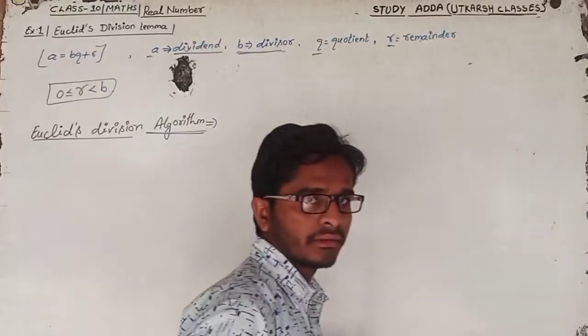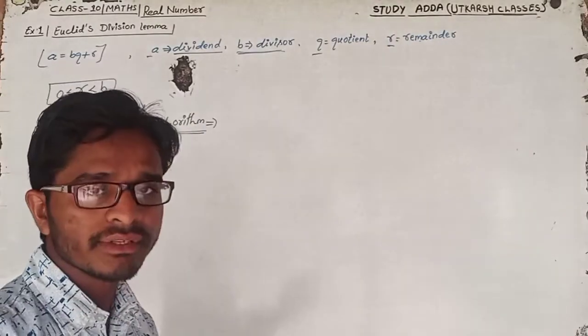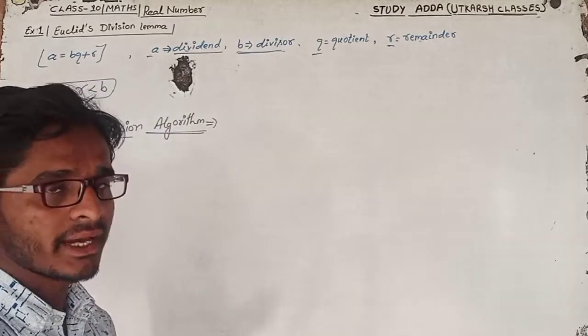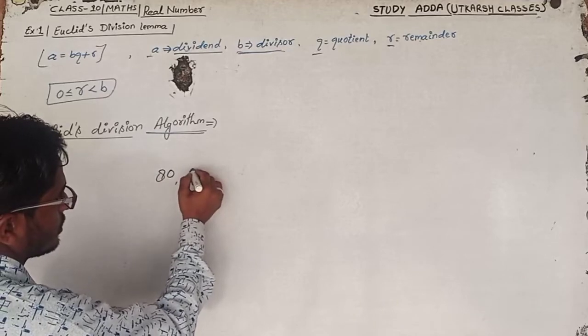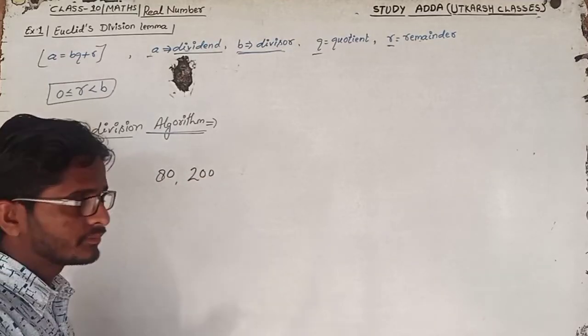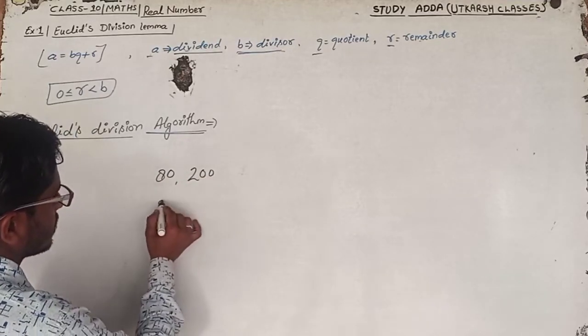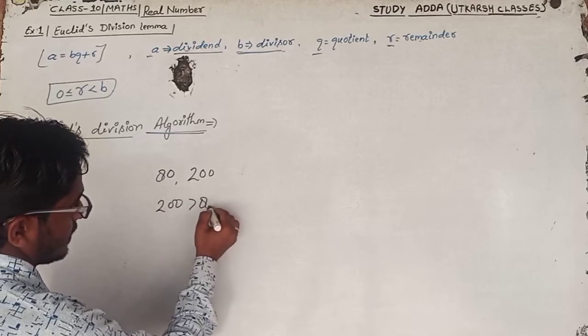Clear? To understand the Euclid division algorithm, let us take an example, 80 and 200. We know 200 is greater than 80.